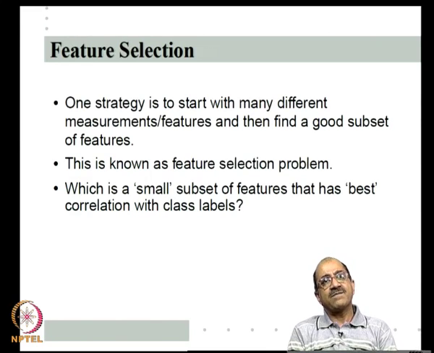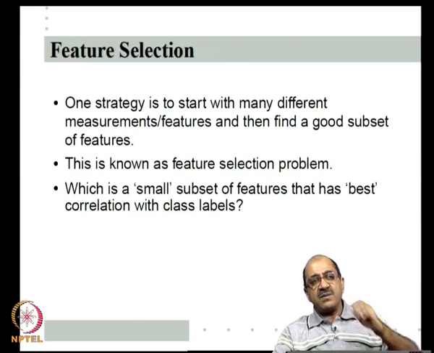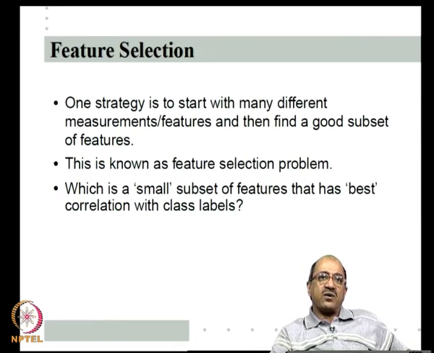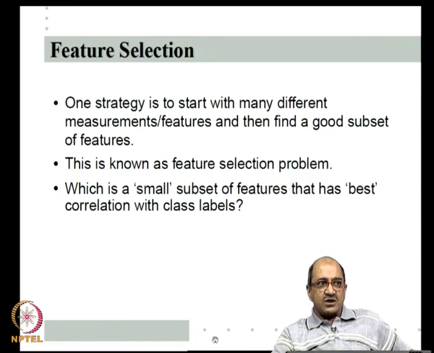So, we are asking, given my training data, what is the best subset of features I can use? Looking at the training data, I am asking which features have better correlation with the class label, which have less correlation, and which seem to give me the best discriminative information.